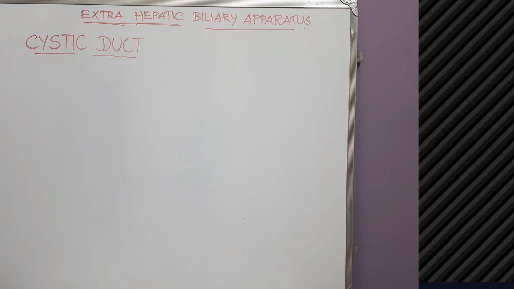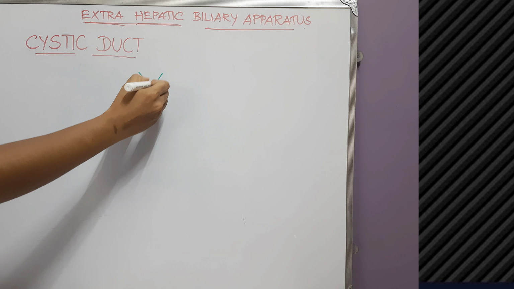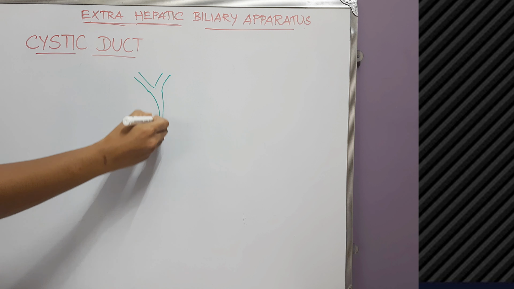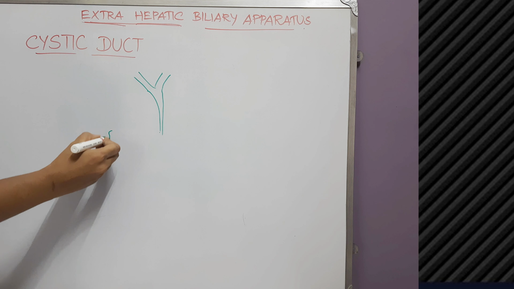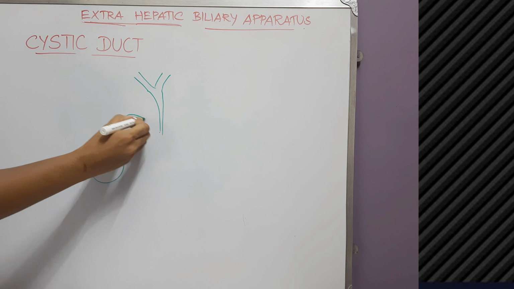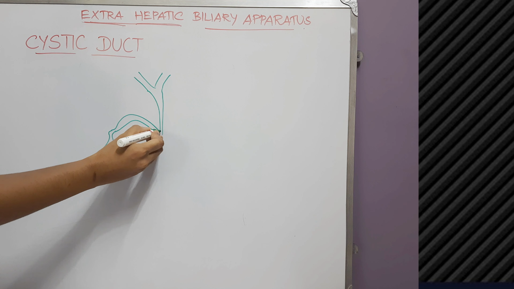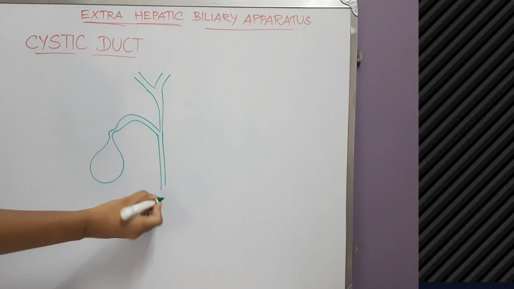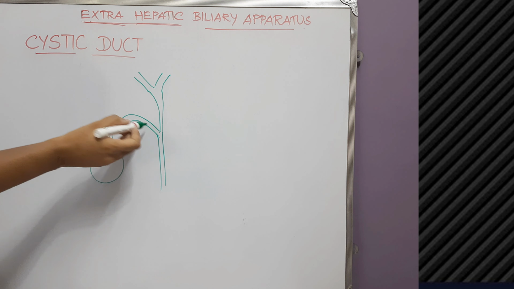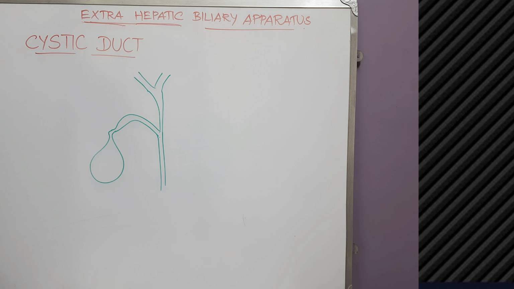Next, let's see about cystic duct. As we already know, the hepatic ducts join to form the common hepatic duct, and the cystic duct that comes from the gallbladder combines with the common hepatic duct to form the bile duct. And now the cystic duct is marked.